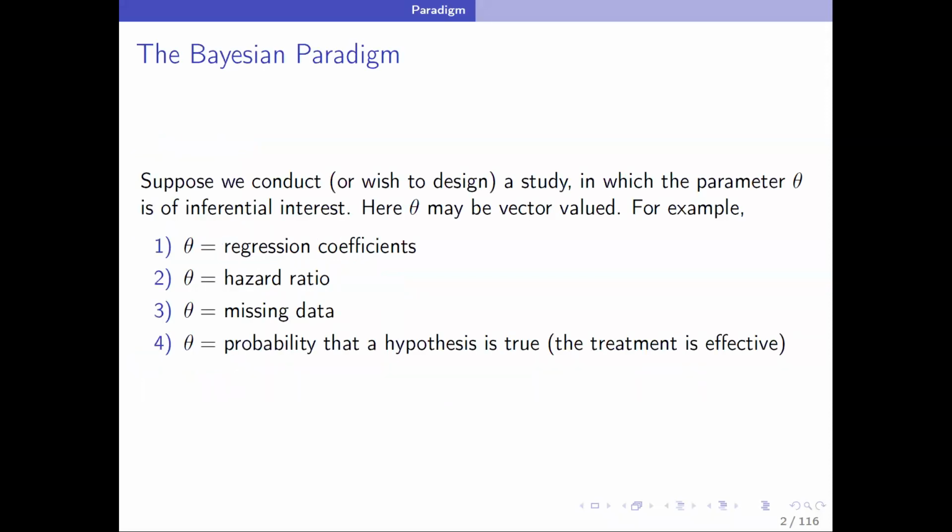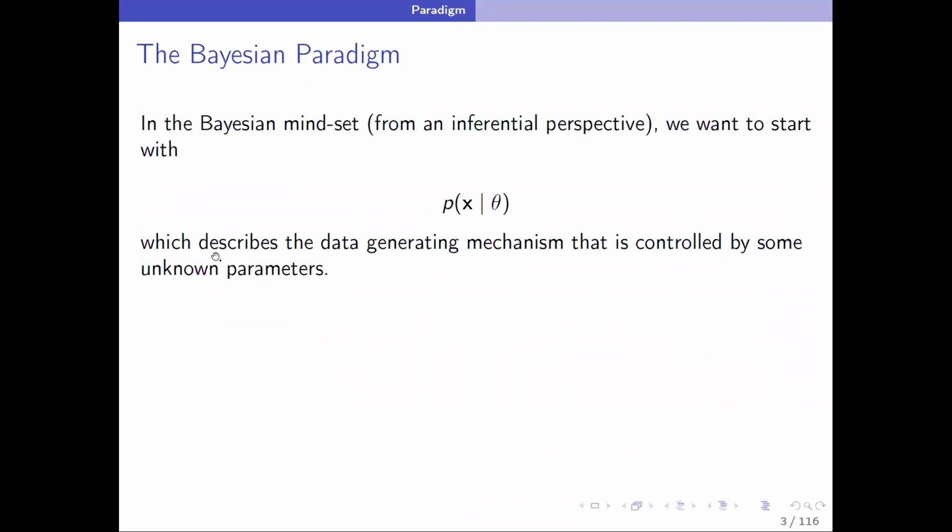So the Bayesian paradigm is about estimating something, and often we say the estimation is, in statistical terms, the parameter of inferential interest. The parameter can be a regression coefficient, hazard ratio, missing data, or anything that you wish to learn. In a Bayesian mindset, we essentially start from the sampling distribution.